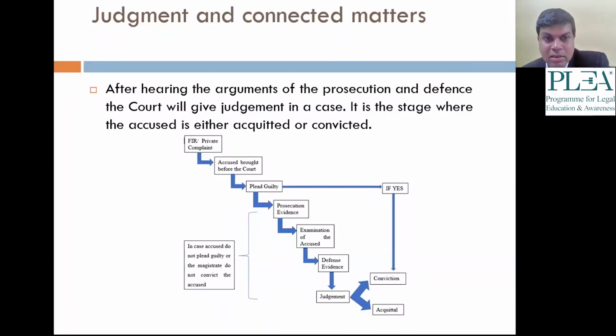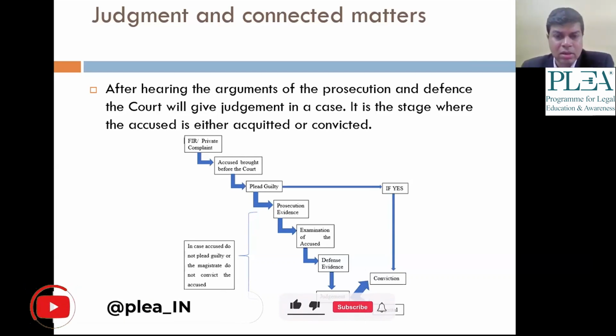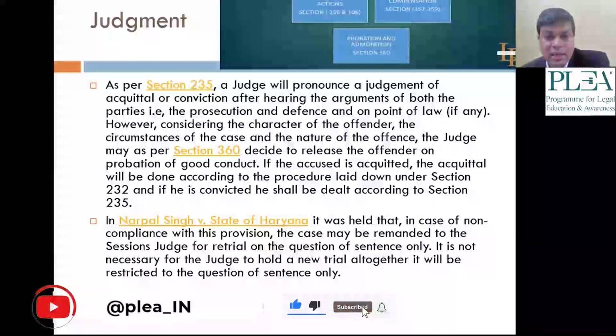Okay, that is judgment and connected matters. After hearing the arguments of the prosecution and defense, the court will give the judgment in a case. It is a stage wherein the accused is either acquitted or convicted. So after hearing all the arguments, the judge will decide the case and give the judgment. It can be either acquittal or conviction.